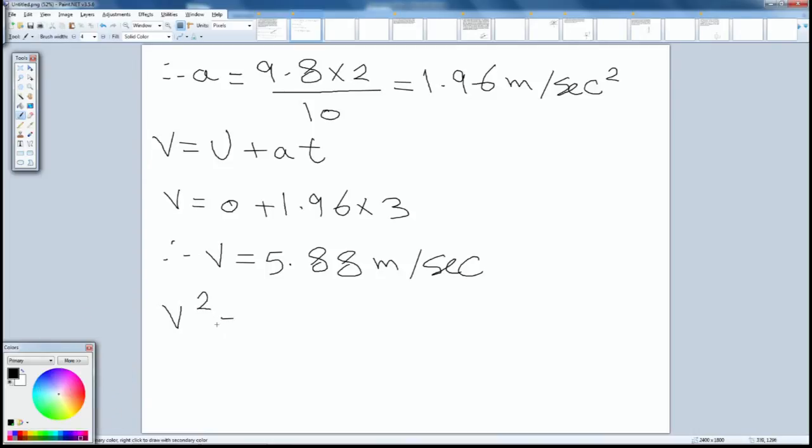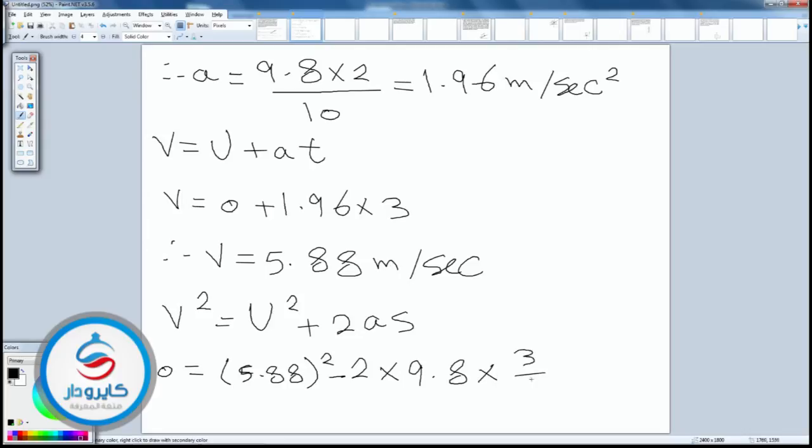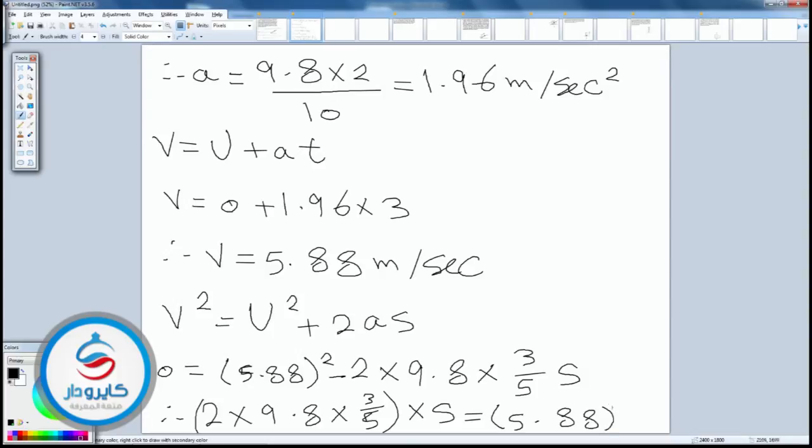V squared equals U squared plus 2AS. 0 equals 5.88 power 2 minus 2 by 9.8 by 3/5 S. Therefore, 2 by 9.8 by 3/5 by S equals 5.88 power 2.